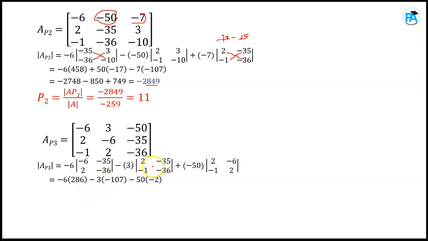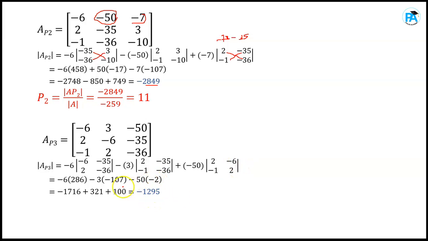When you work this also, 2 times negative 36 minus negative 1 times negative 35 gives you negative 107. Are you following? Then plus negative 50. Positive times negative 50 gives you negative 50. 2 times 2 is 4, minus this, which is 6, 1 times negative 6 is 6. So 4 minus 6 gives you negative 2.